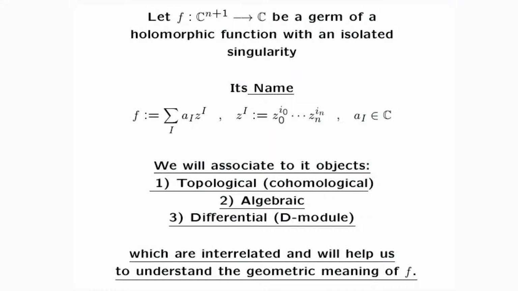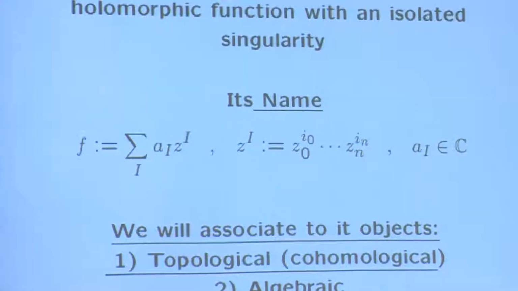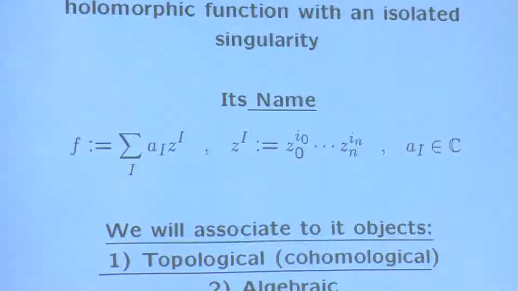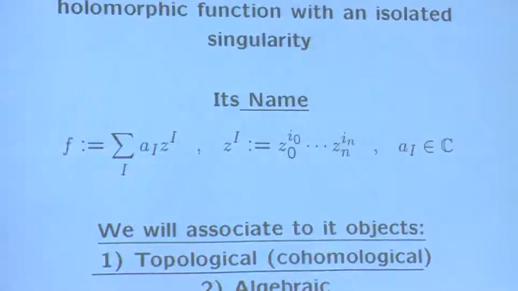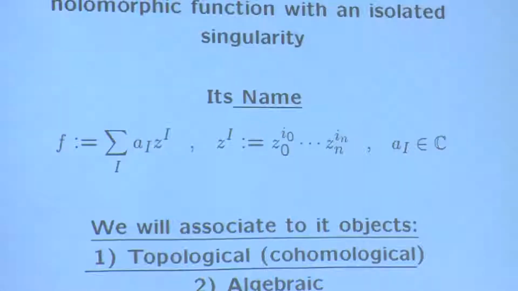Now, let's change the mathematical object. The object will be a germ of a holomorphic function with an isolated singularity in C^(n+1). We can expand it into a power series. For me, the power series is the name. It is different, Ignacio Luengo, the name than the person.